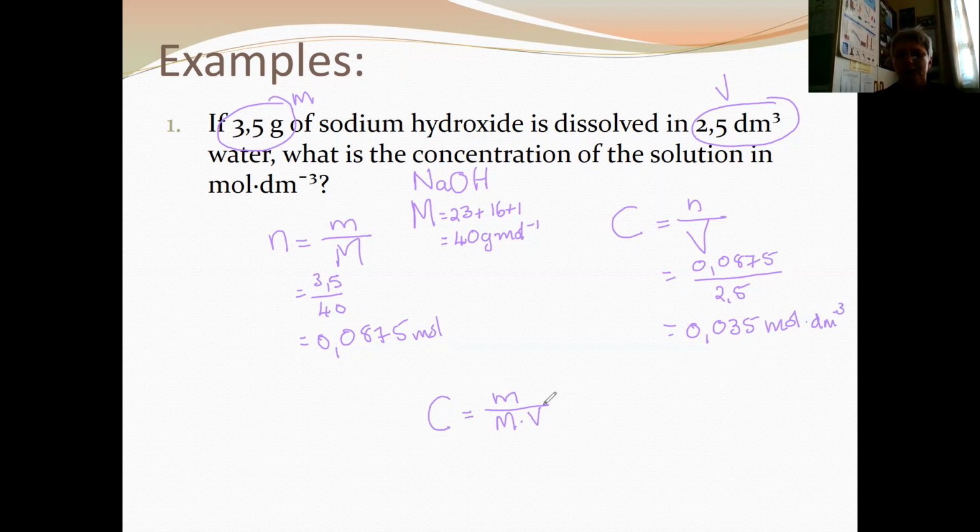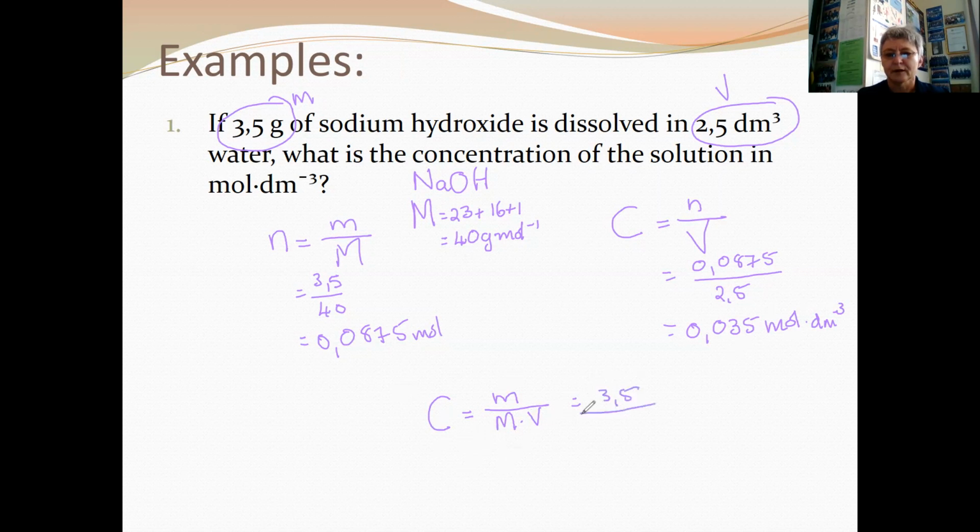The other path we can take is with the combined equation, and that would give us the direct answer. So it's 3.5 divided by 40 for the molar mass of sodium hydroxide, times 2.5, and that you'll see gives us 0.035 mole per cubic decimeter.